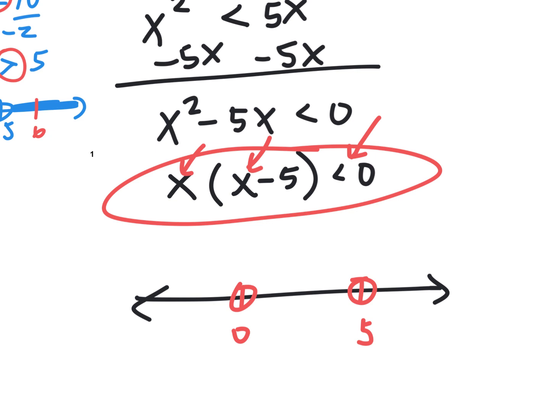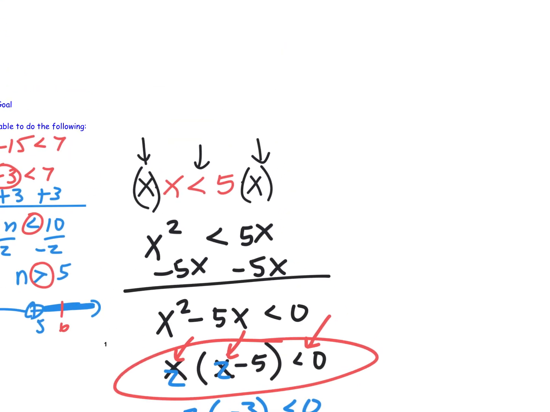And now we test intervals, and we see, well, I wonder if it's going to work in here. So let's try 2. If I put a 2 here and a 2 here, I have 2 times 2 minus 5, which is negative 3, and that's negative 6. Is that less than 0? Yeah, it works. But this implies that it only works between 0 and 5.